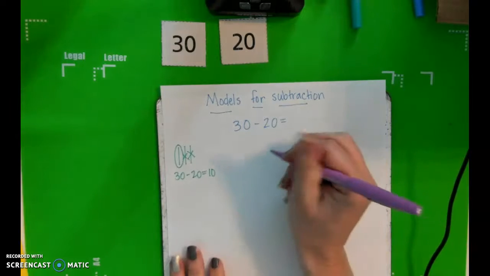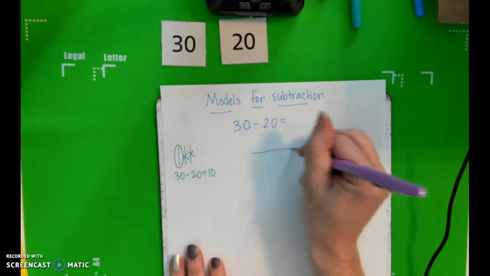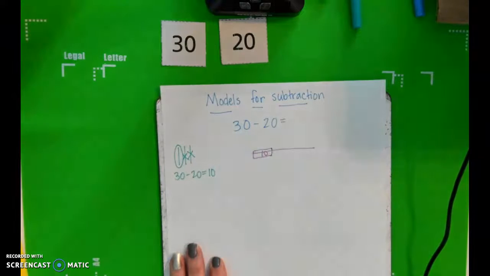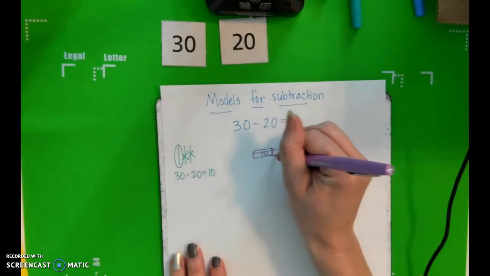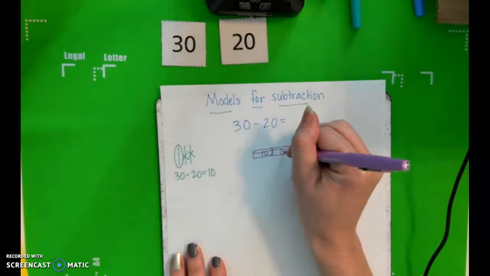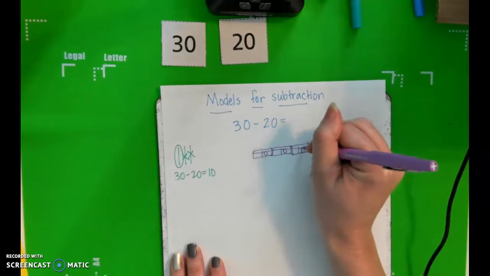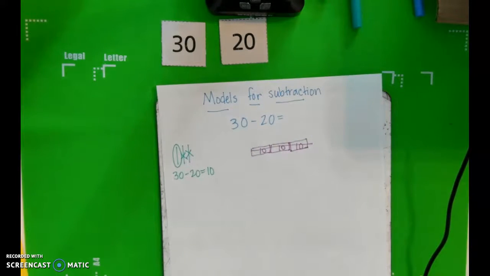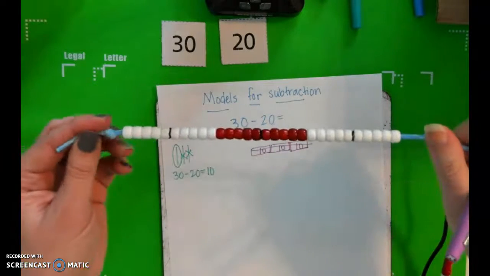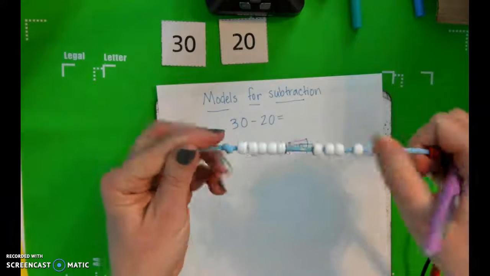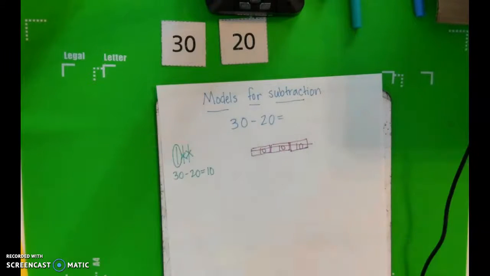So I'm going to try to represent that on my paper by drawing a line. And then this little group of 10, I'm just going to label it 10. I'm not going to try to draw out all of the little beads. That seems like it would be a pain. So there are my 3 groups of 10. Now, if you had a beaded number line at your seat, you would take your 3 groups of 10 and you would take away 2 of them, leaving behind 1 group of 10.